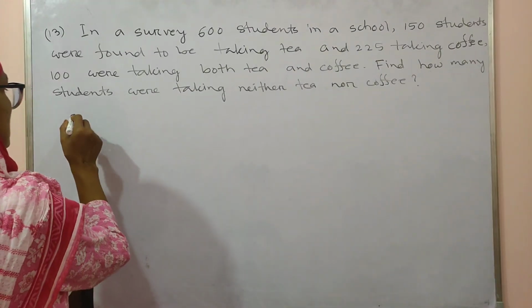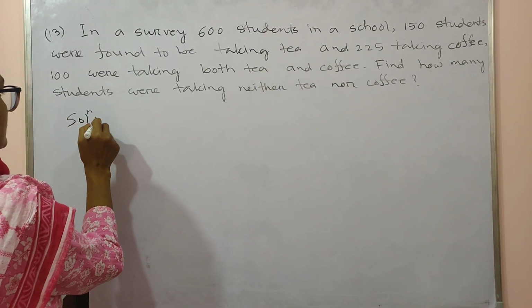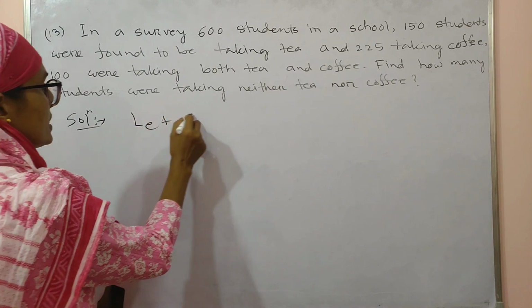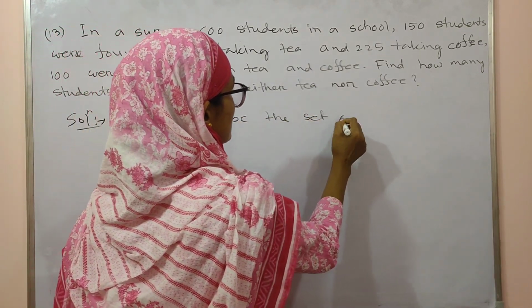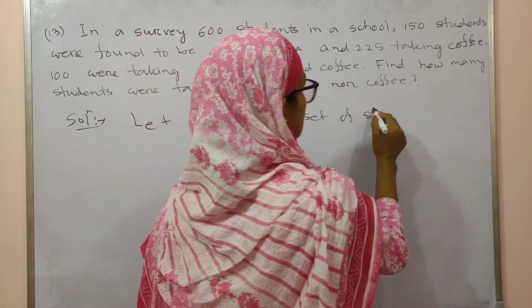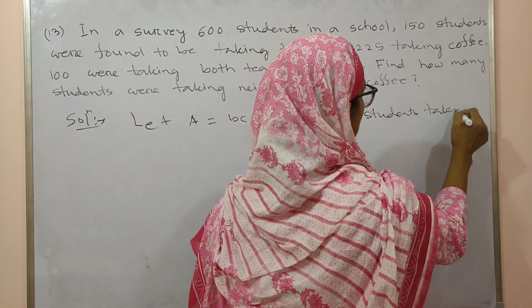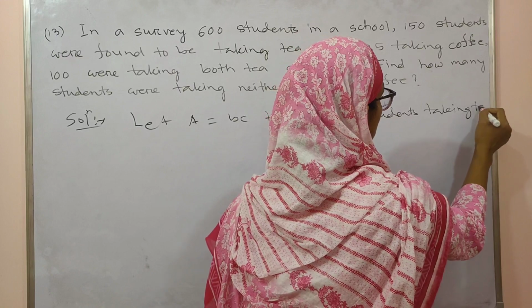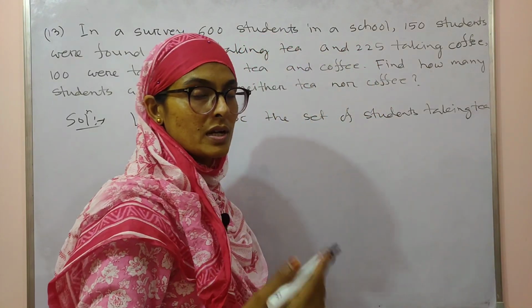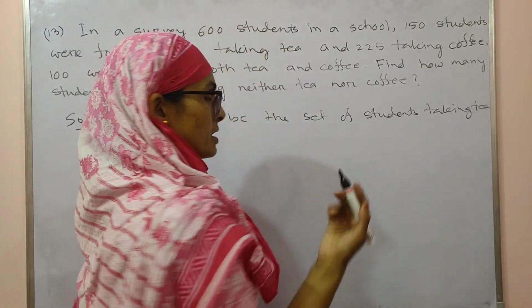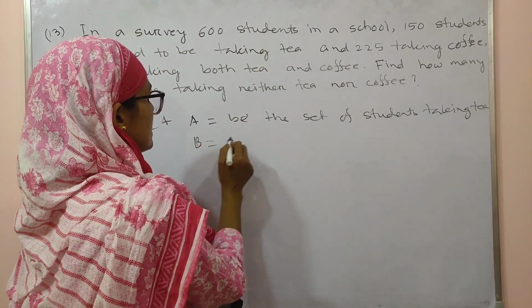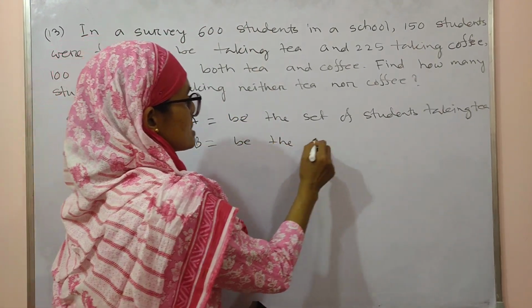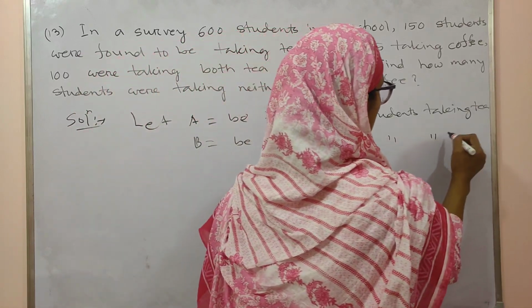So write down solution. Let A be the set of students taking tea. Taking tea, let A, you can write tea also, or you can give another letter. Next B be the set of students taking coffee.